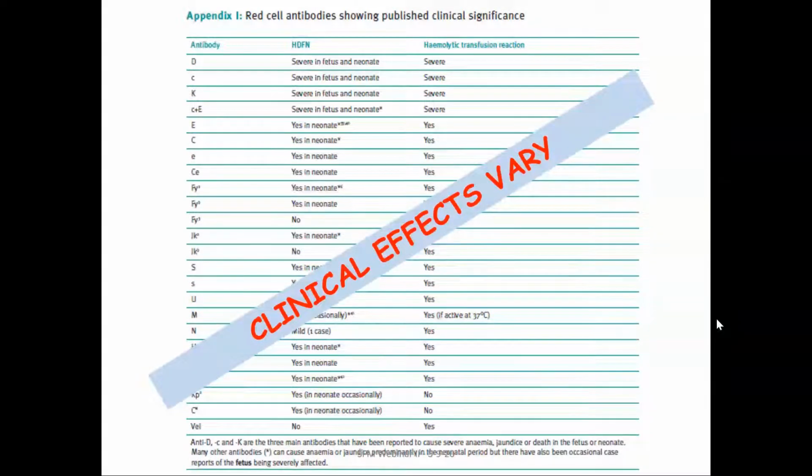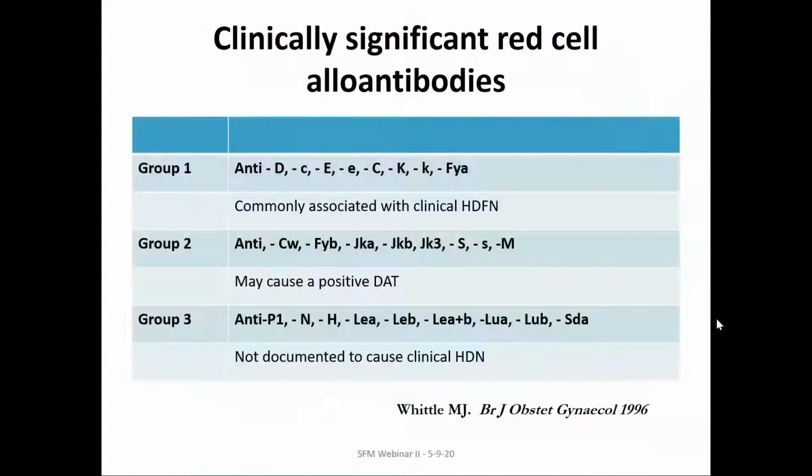There are some that are known to cause severe disease, some that could cause mild disease, and some that have never been shown to cause disease in the fetus or newborn, which is why these antibodies have been categorized based on their clinical significance into 3 groups, with group 1 being the strongest antibodies, commonly associated with significant hemolysis and hemolytic disease in the fetus and newborn, while group 3 have never been documented to cause clinical hemolytic disease.